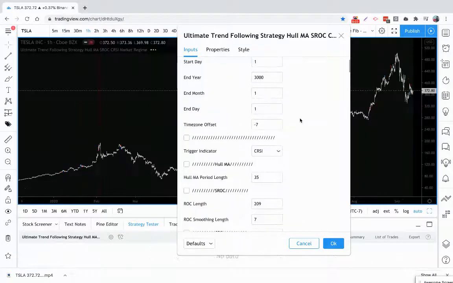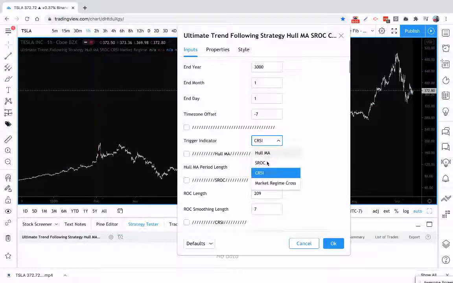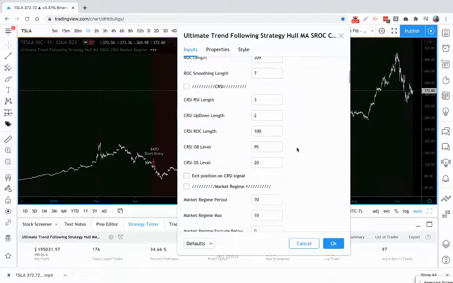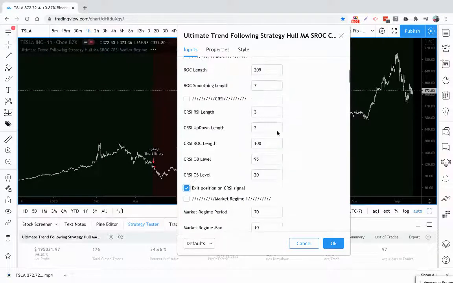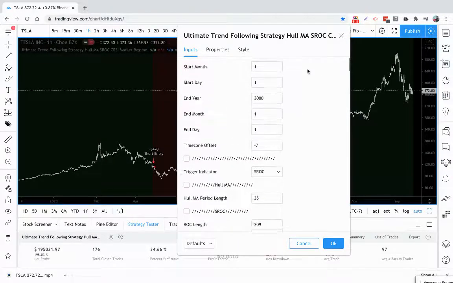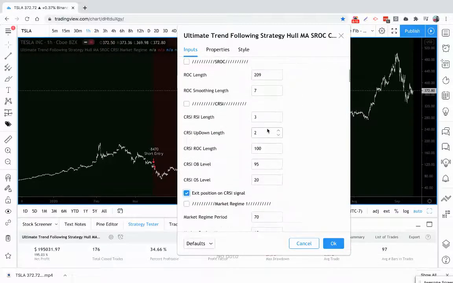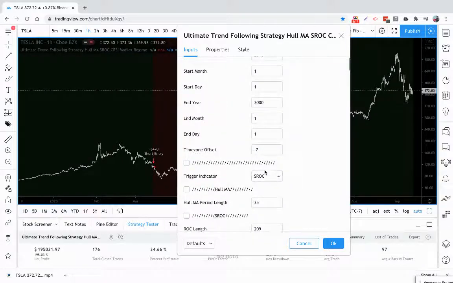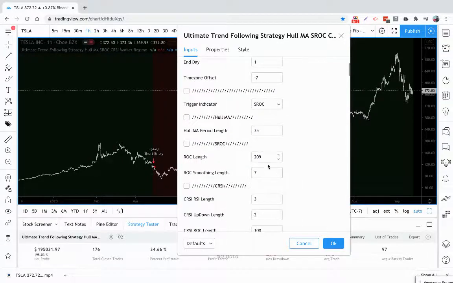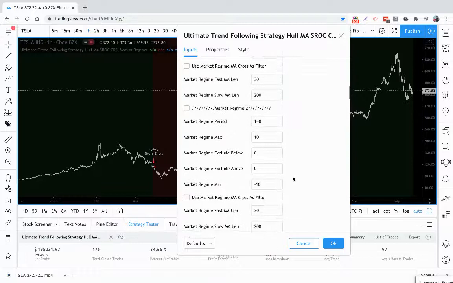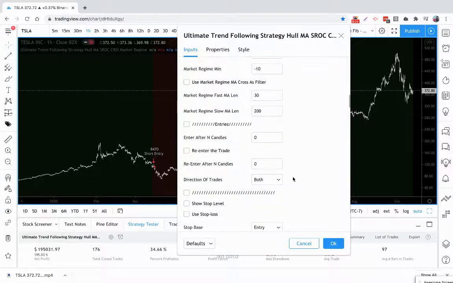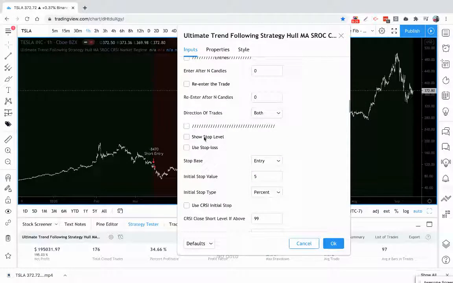Now for the Connors RSI and for the center rate of change, if you're using center rate of change right now, I'll take this off. So right now we're using center rate of change based on these two settings. And it's actually the same thing if we're using Connors RSI also, but if we want to set a stop loss, we can show stop level, use a stop loss.